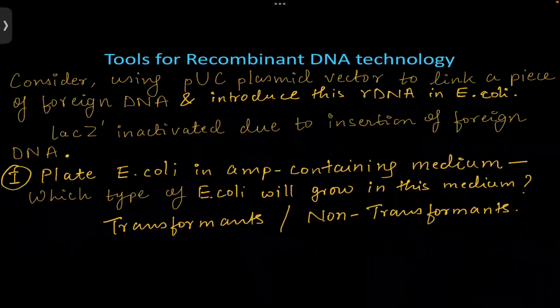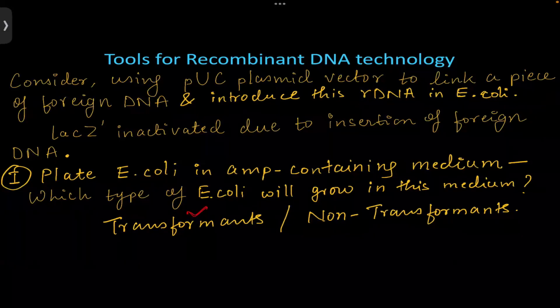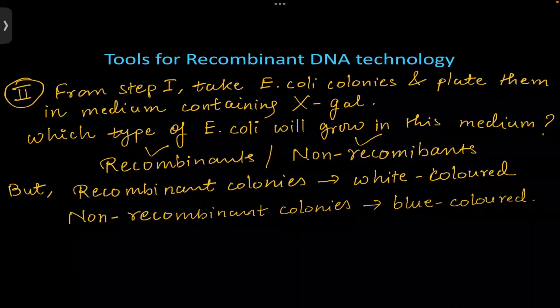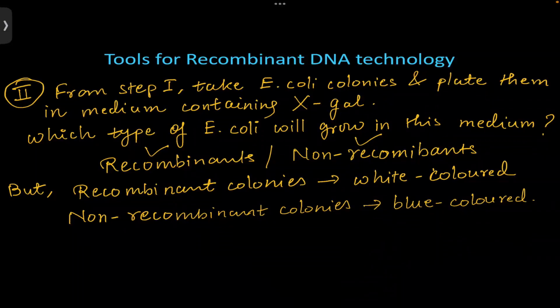If it is transformed, then it will successfully grow. So here, only the transformants will grow in ampicillin containing media. In the second step, you take these transformed E. coli cells from step one and grow them in a media containing X-gal.